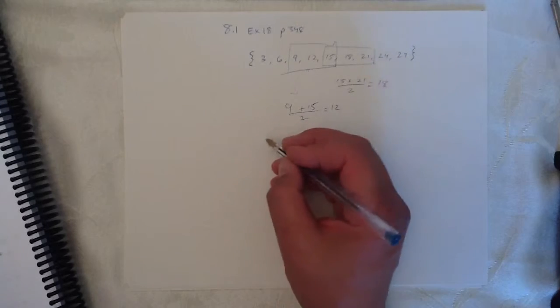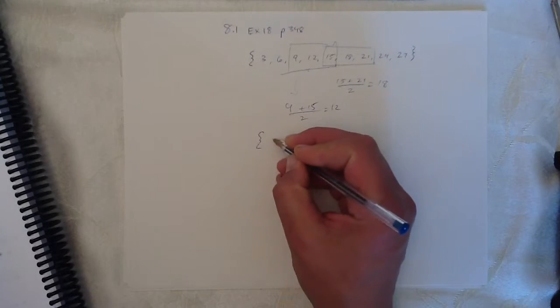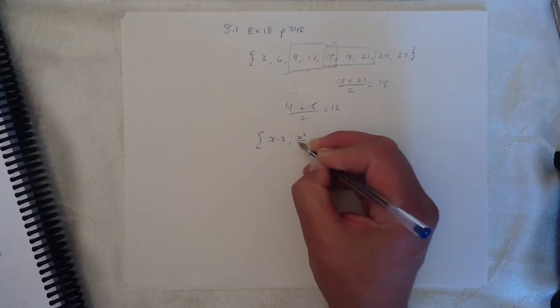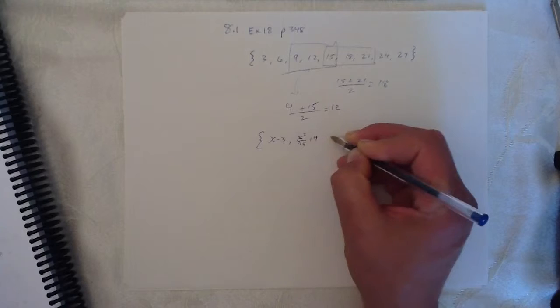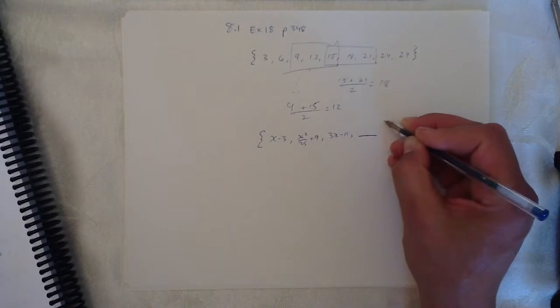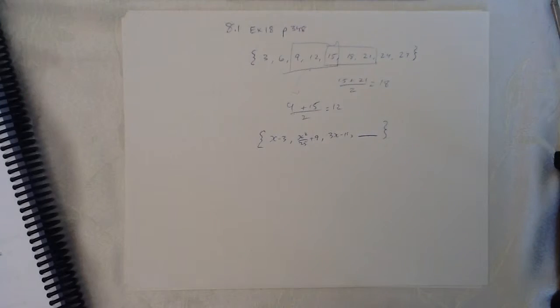So because we know this logic, or you have to understand this logic, you can do that in question 18, where the sequence is given as x minus 3, x squared over 25 plus 9, and 3x minus 11, and they want you to figure out what the fourth term is.